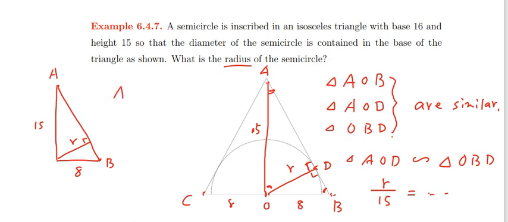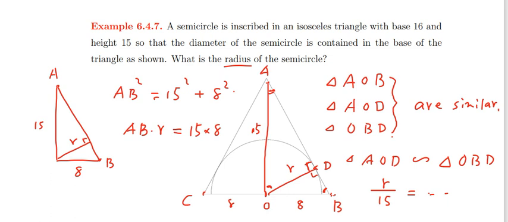So AB squared equals 15 squared plus 8 squared, right? So we can find AB. So from the area, this AB multiplied by R equals 15 multiplied by 8, because the area is the same, right?